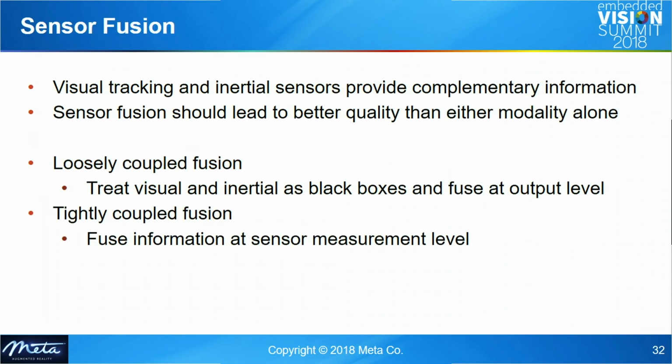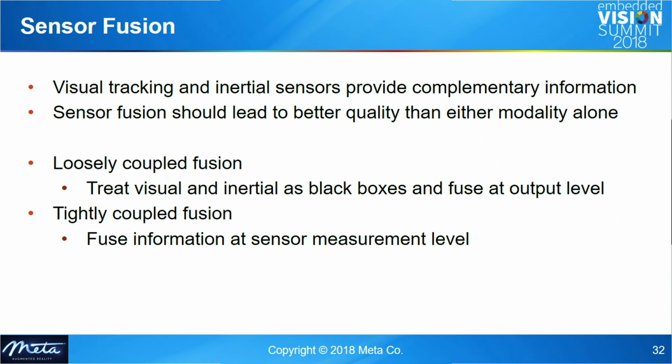The two modalities provide complementary information, and from sensor fusion theory, we know that the fused output should have smaller errors than either of the inputs alone. We can do the sensor fusion at two different levels, and in visual-inertial tracking or visual-inertial odometry, these are usually called loosely coupled fusion and tightly coupled fusion.